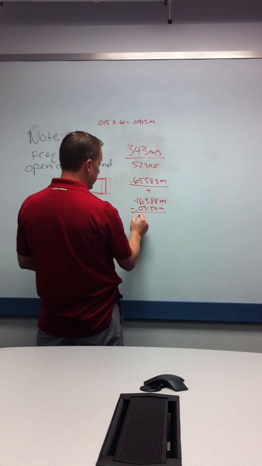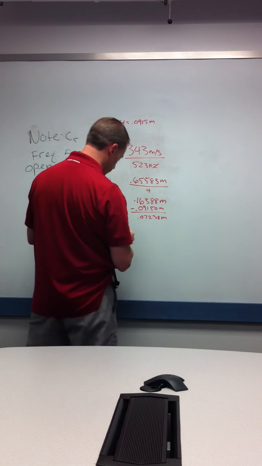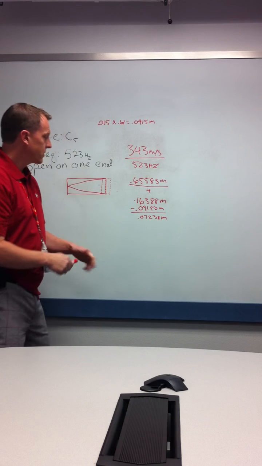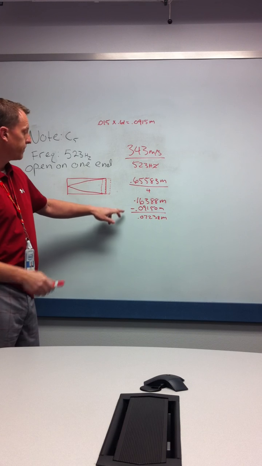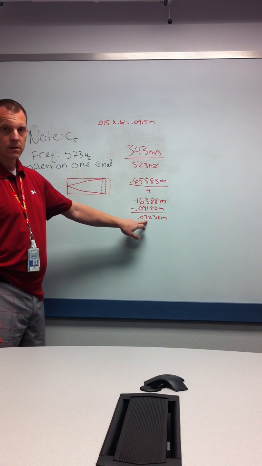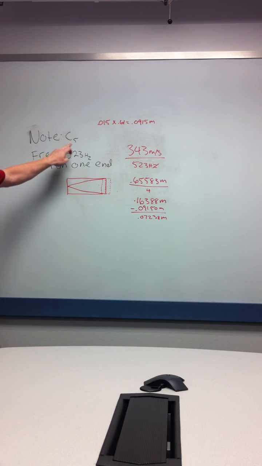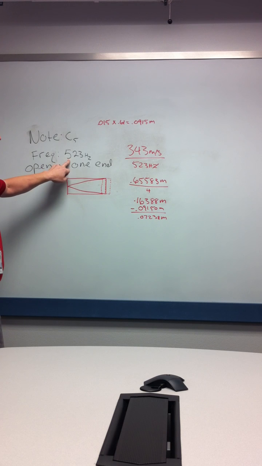That gives us a net of 0.07238 meters. So, as you can see from this example, we need to cut our tube to about 7 centimeters to get a note of C5, which is at 523 Hertz.